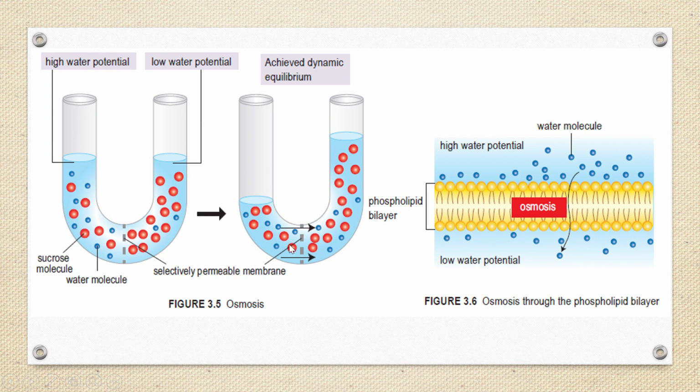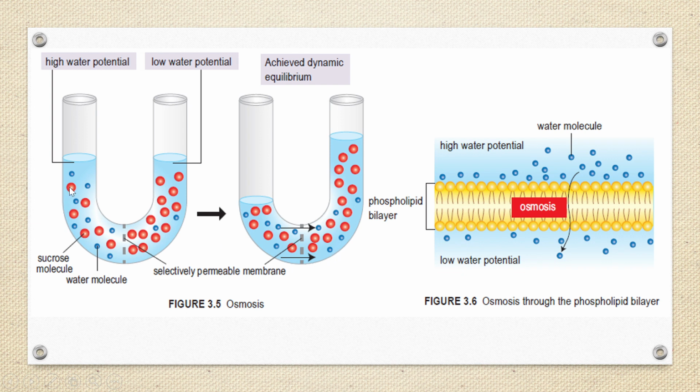Now let's count the water molecules: 1, 2, 3, 4, 5, and 1, 2, 3, 4, 5. So this tells us that the water potential at these two regions is already the same.